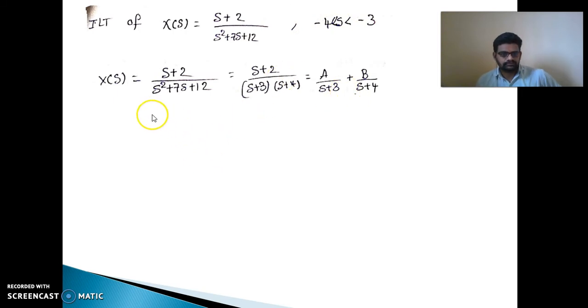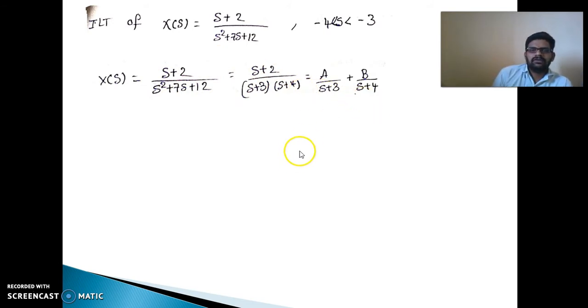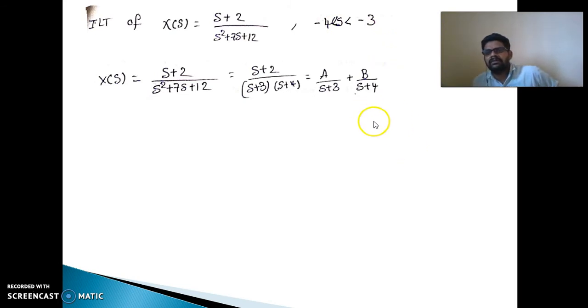Okay. So now this fraction can be written as s plus 2 by s plus 3 into s plus 4, since the denominator factors as s plus 3 into s plus 4. Here, what he has given is minus 4 less than real s and real s less than minus 3.